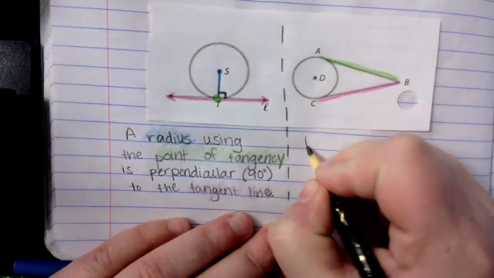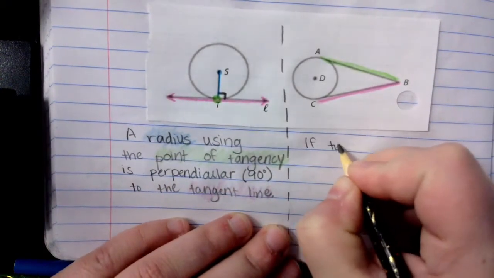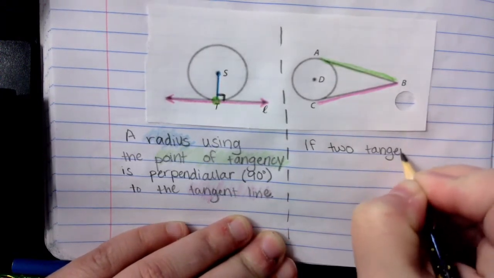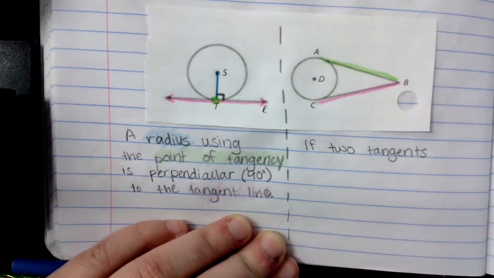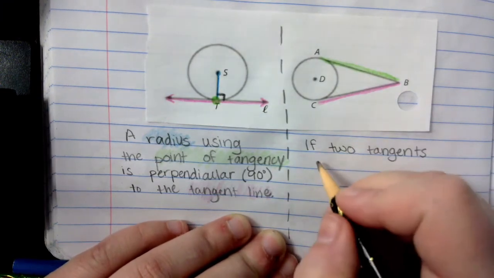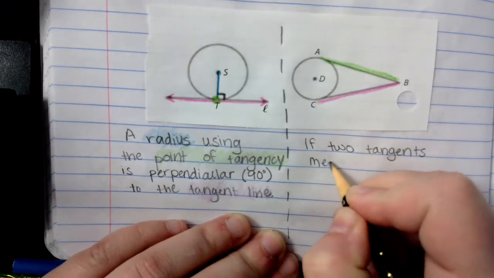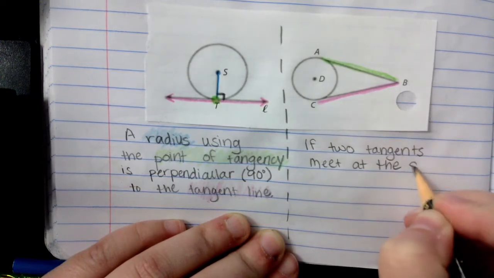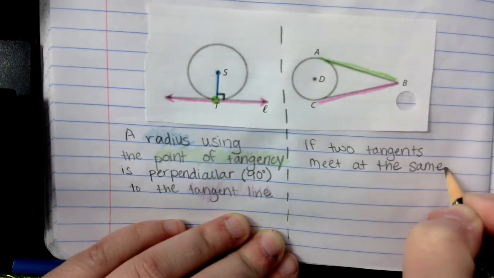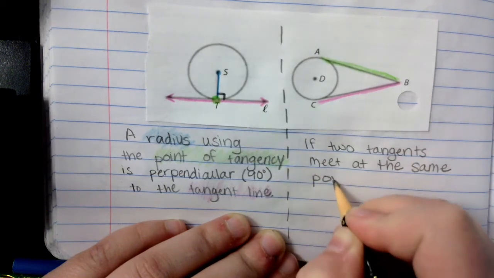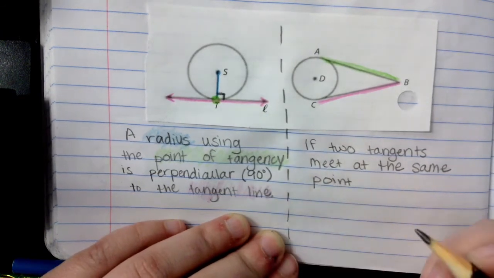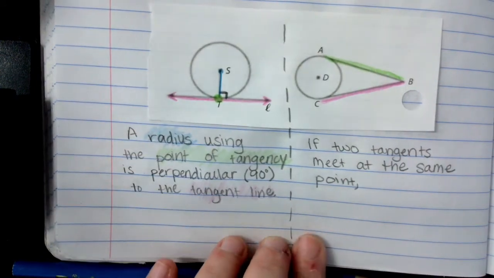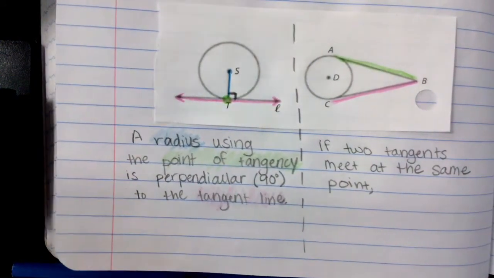Okay. If 2 tangents meet at the same point, so in this case, our 2 tangents are AB and CB. What point do they meet at?